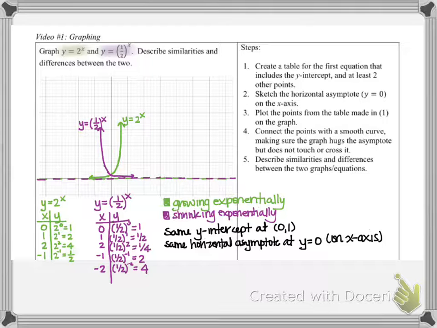I would say that both of these are continuous graphs, since I get to connect the dots. What else would I say they have in common? I don't know. I think that probably covers it.